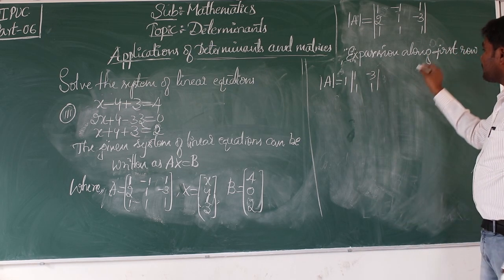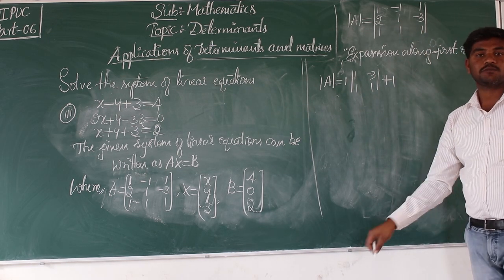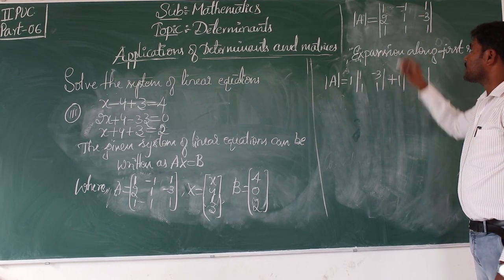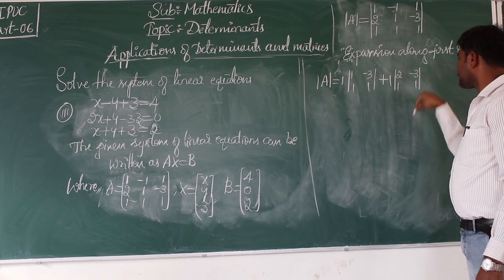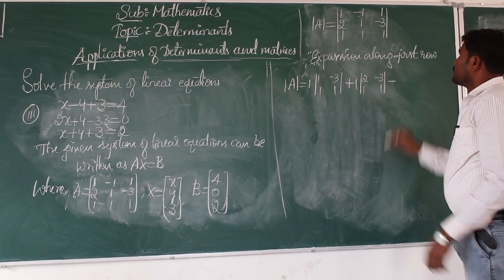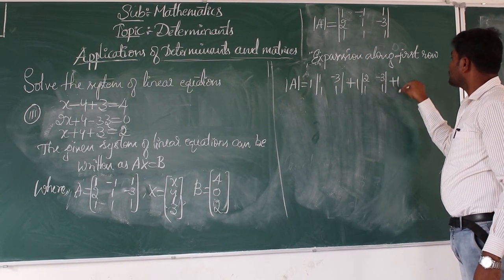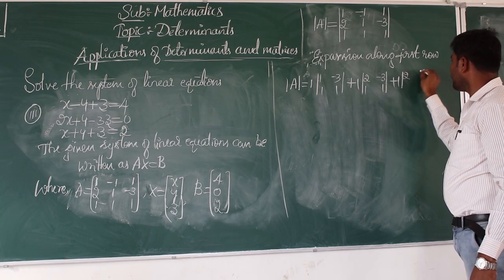Next, first row second element, sign is minus, the element is minus 1, so minus of minus 1 becomes plus 1, deleting first row second column, the determinant is 2, minus 3, 1, 1. Now first row third element, sign is plus, element is 1, deleting first row third column, the determinant is 2, 1, 1, 1.